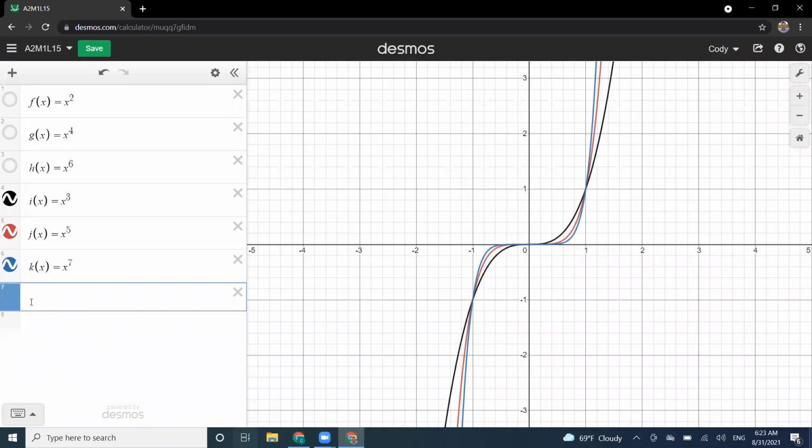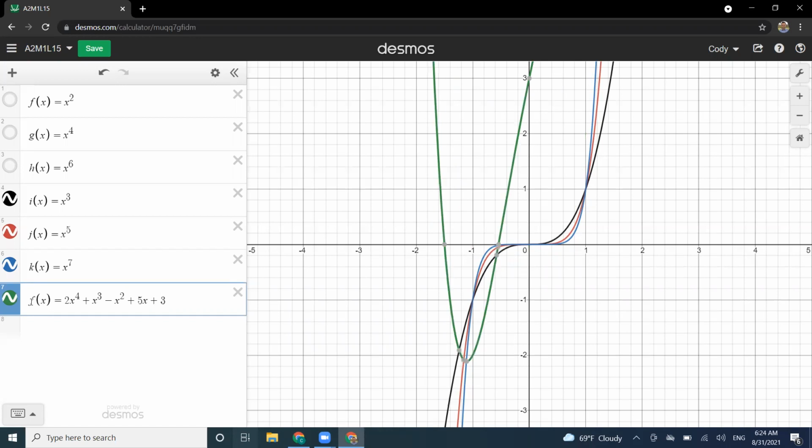That's going to be f of x is equal to 2x to the fourth plus x cubed minus x squared plus 5x plus 3.